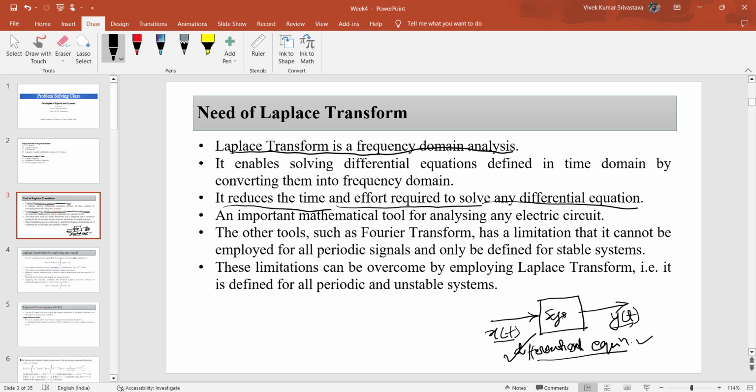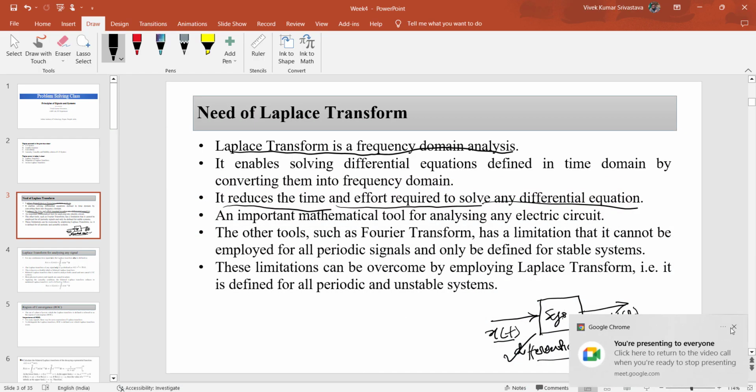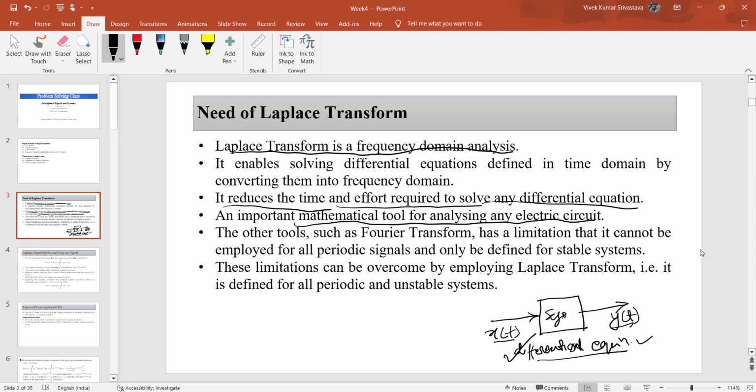As I said, the Laplace transform is a tool used for analyzing any electric circuit. There are several other tools, such as the Fourier transform, but there are various limitations of using it. We cannot use the Fourier transform for all kinds of periodic signals, and it is only defined for stable systems.